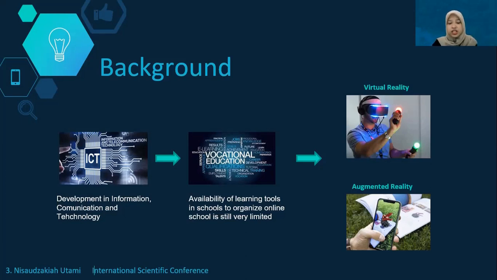In the application of augmented reality and virtual reality, there is no need to be equipped with knowledge about the technology or the application, because according to existing research, augmented reality and virtual reality are easy to use for vocational education students and their productive teachers.